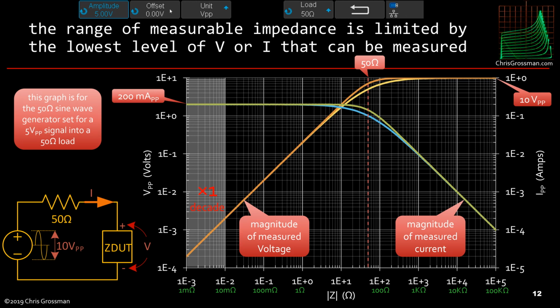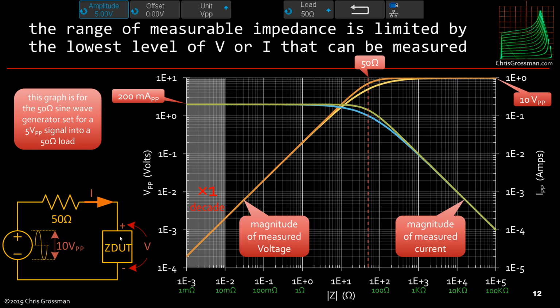I set it to 5 volts peak to peak into a 50 ohm load. When you set it for 5 volts peak to peak into a 50 ohm load, the internal swing in the function generator is actually 10 volts peak to peak. Because if this is 50 ohms and you have a 50 ohm resistor here, you'd get a 50% voltage divider and get 5 volts peak to peak across the load. So that's what this means.